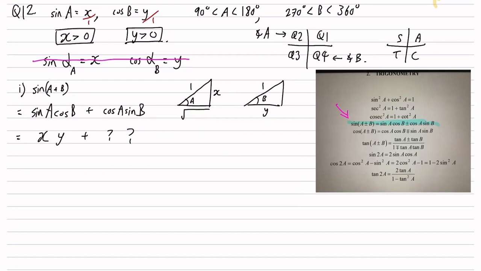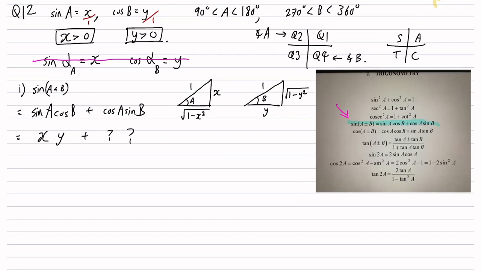Pythagoras theorem tells you it's square root of 1 minus x squared, right? Long square minus short square. Then likewise for the other guy, it's 1 squared, which is just 1, minus y squared. Okay, very good.